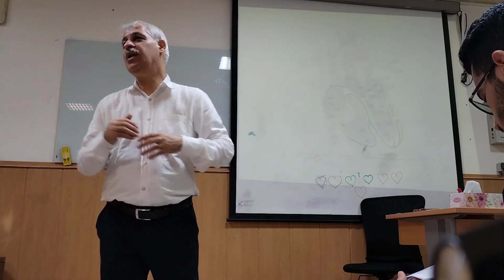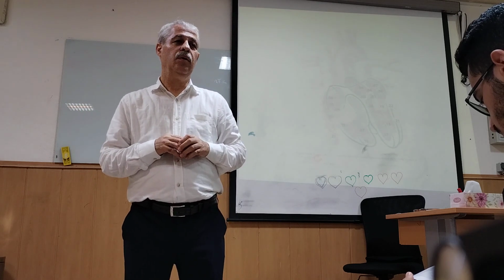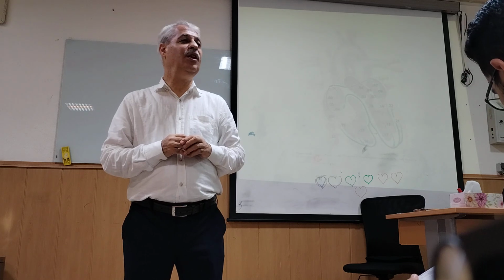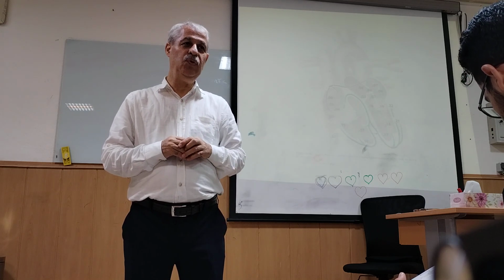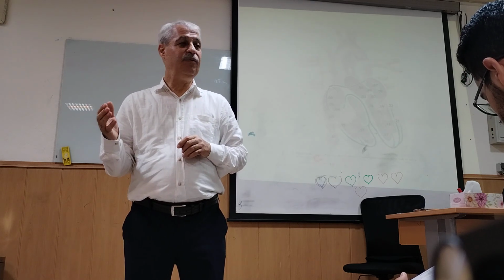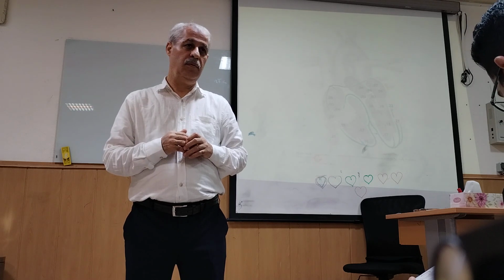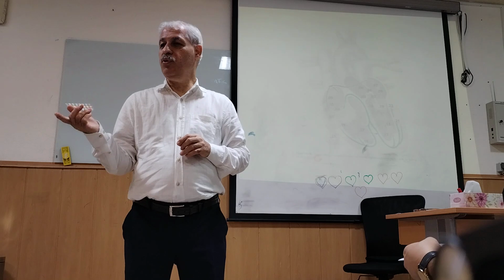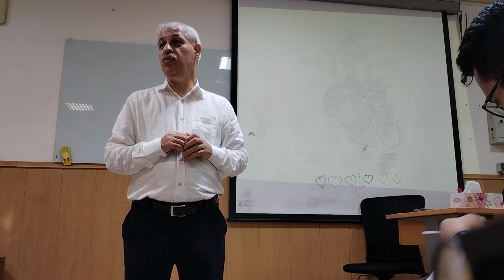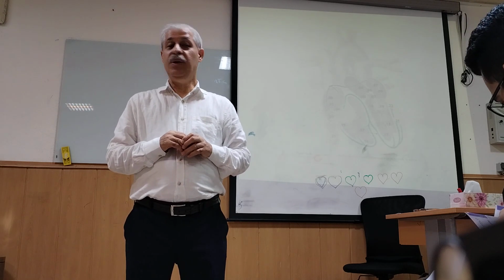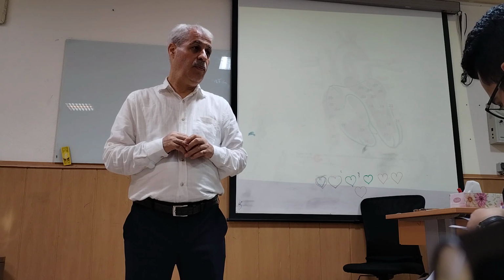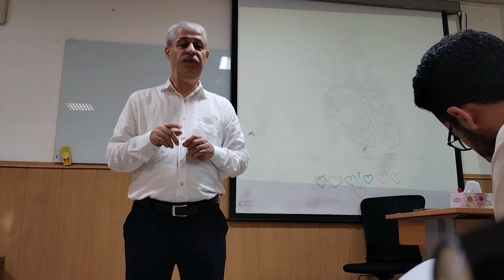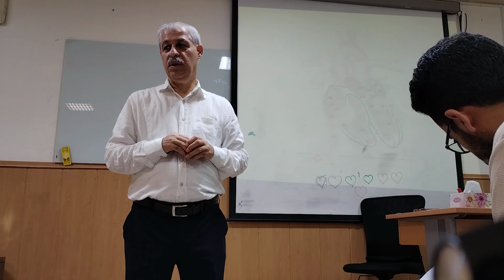The AV node can also initiate beat producing, but the number of beats that can be produced there is much less, 40 up to 60. Even in Purkinje fibers, we can produce beat initiating, but the rate would be very slow, 15 up to 40.